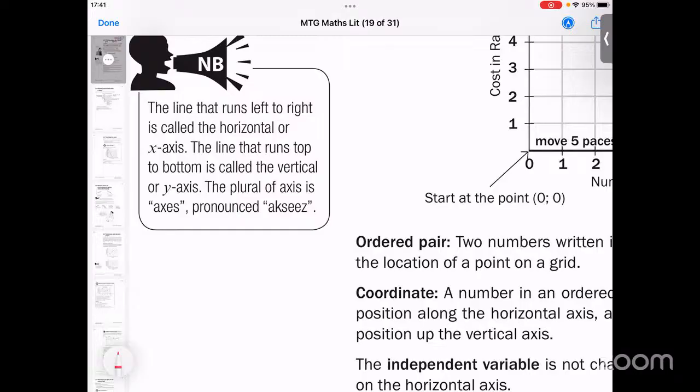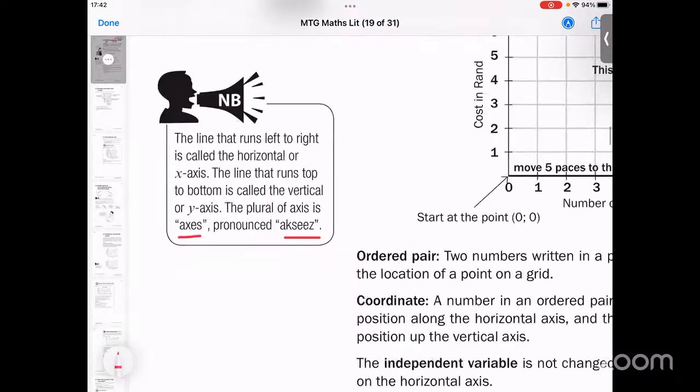The line that runs top to bottom or bottom to top is called the vertical or the y-axis. The plural of axis is axes, pronounced as axes. Yes, something of that nature.